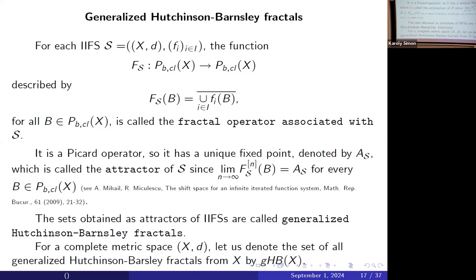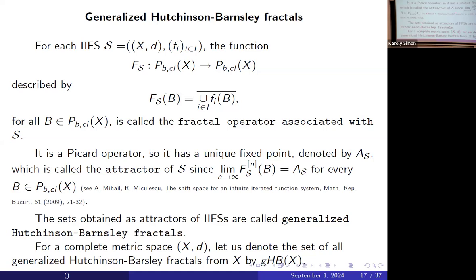In particular, it has a unique fixed point, which is denoted by A sub S. And the sets which are obtained in this way are called generalized Hutchinson-Barnsley fractals. And for a complete metric space (X, d), we will denote by GHB of X the set of all generalized Hutchinson-Barnsley fractals inside X.